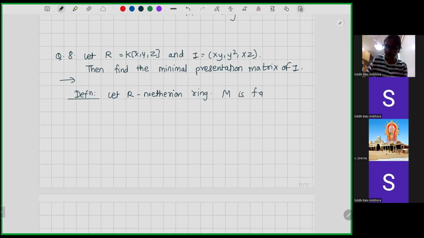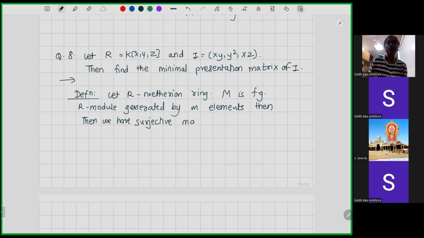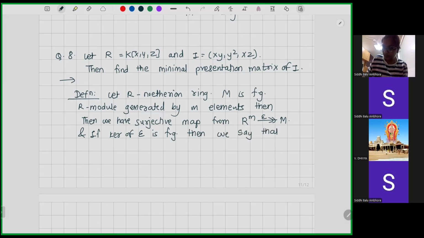And if M is a finitely generated R module generated by, say, m elements, then we have this surjective map from R^m to M, and if the kernel of this map, we call it epsilon, is finitely generated, then we say that M has finite representation, something of that sort.